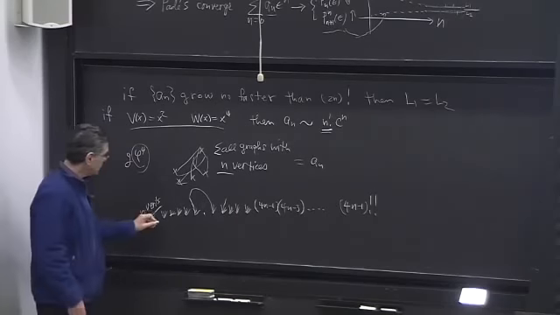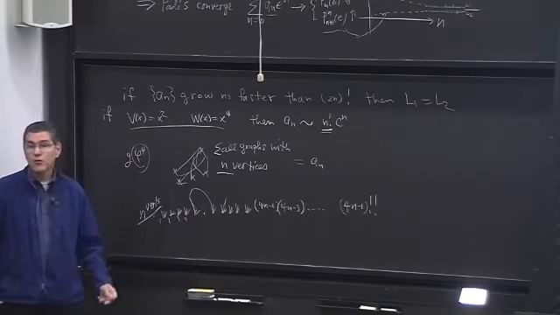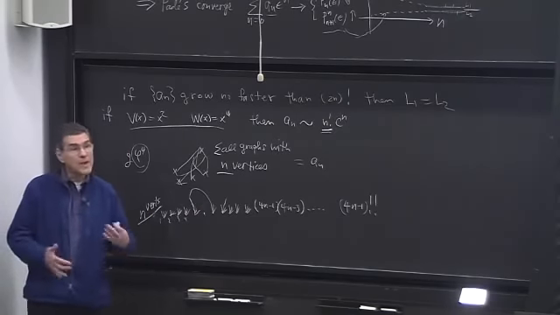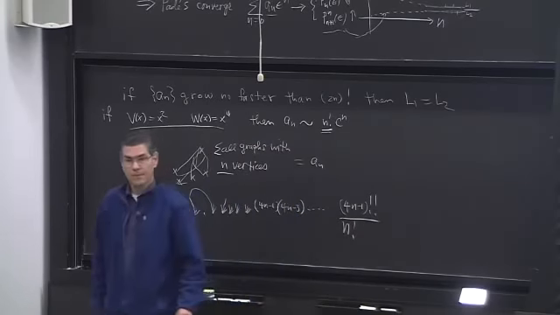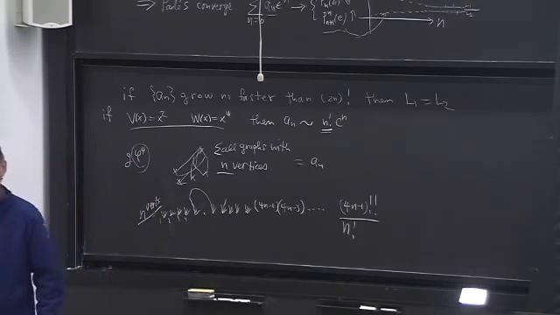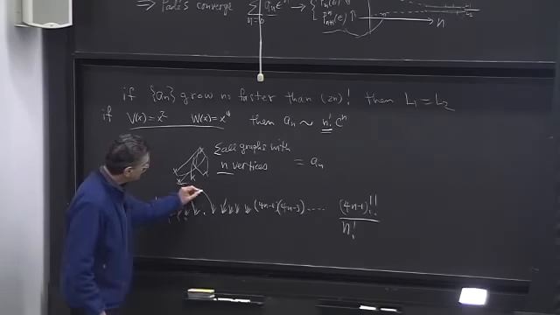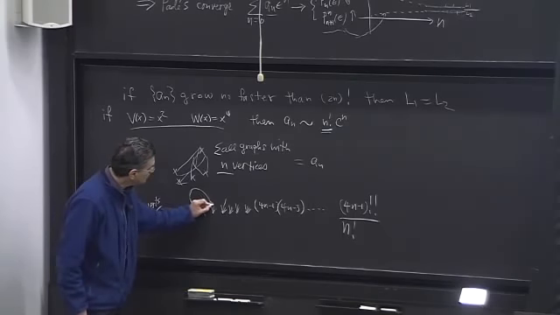If we label these vertices 1, 2, 3, 4, 5, there are n factorial labelings for those vertices. So we have far too many graphs, and we have to divide by n factorial. We still are overcounting, because when I said we take this line and connect it to this, we could just as easily have connected it to this.